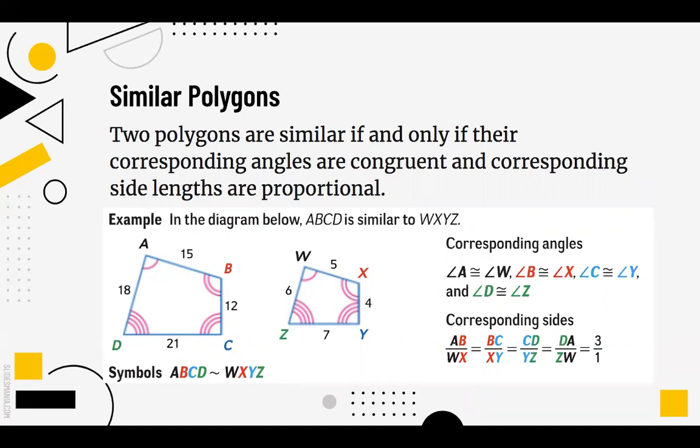So that little squiggly mark that looks like this, that's going to mean similar. And remember, congruent looks like this, right? So our similar is just the squiggly that is on the top of the equal sign. All right. Questions?